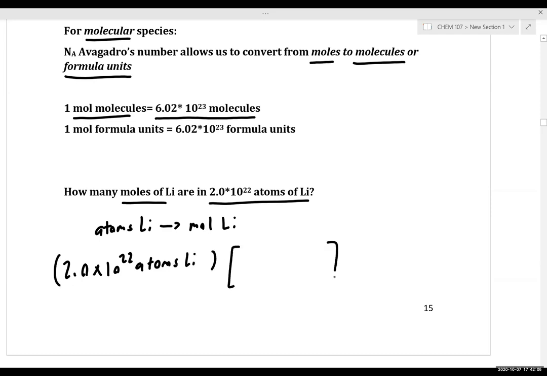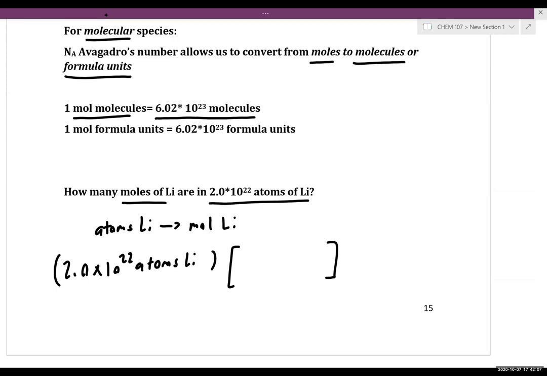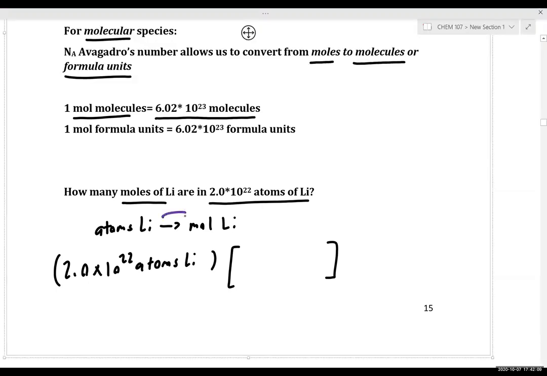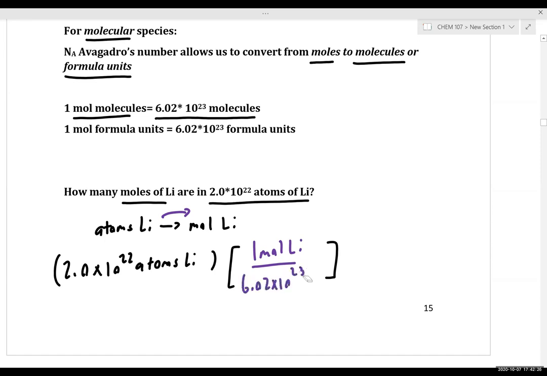And my question to all of you is, what units should be on top in this conversion? If we're going from atoms to moles, what units should be on top? Moles. Yep. So in 1 mole of lithium, we in turn have 6.02 times 10 to the 23rd atoms of lithium.